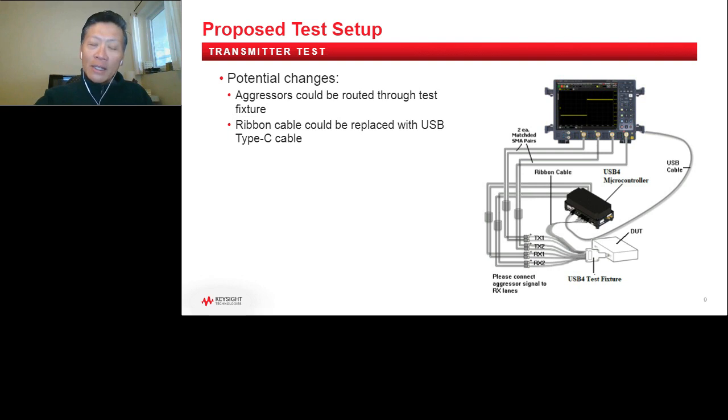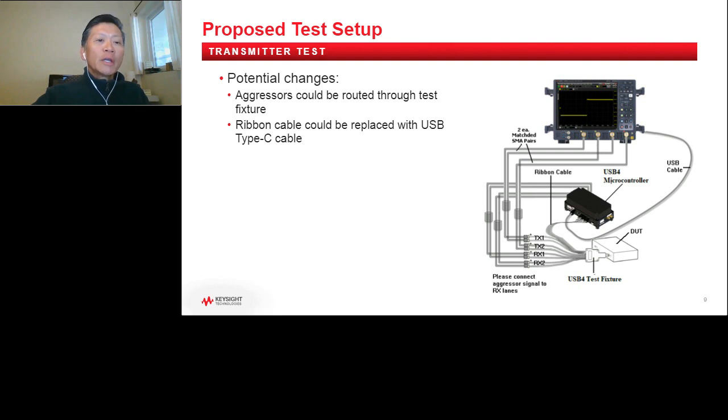So as you can tell from this setup, it's quite different from USB 3.2 in the sense that there is a USB 4 controller and there is also a crosstalk generation that comes from the controller. And you use both TX1 and TX2 pairs for analysis.